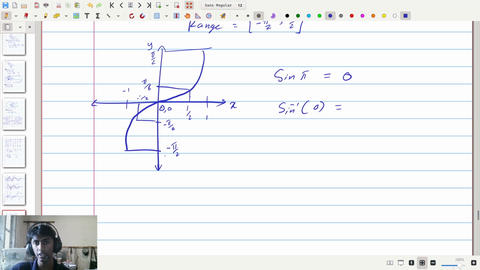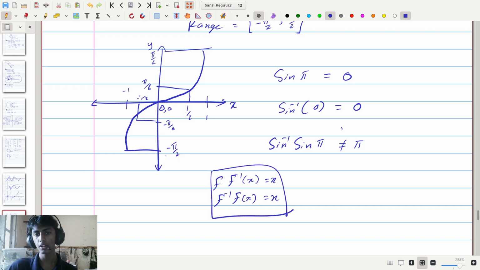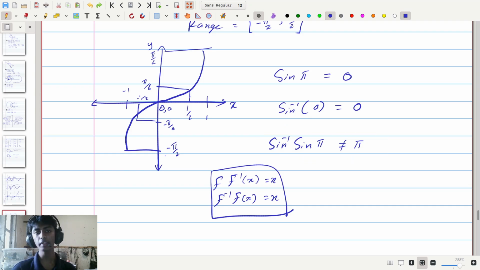So sine inverse of sine pi is not equal to pi. This is what I mean by it does not follow the proper inverse function rules. You will recall, for a proper inverse function, we have the property f of f inverse of x equals x, and f inverse of f x also equals x. These two properties are not upheld by this function, so therefore this is not a proper inverse function. It is a limited inverse function.